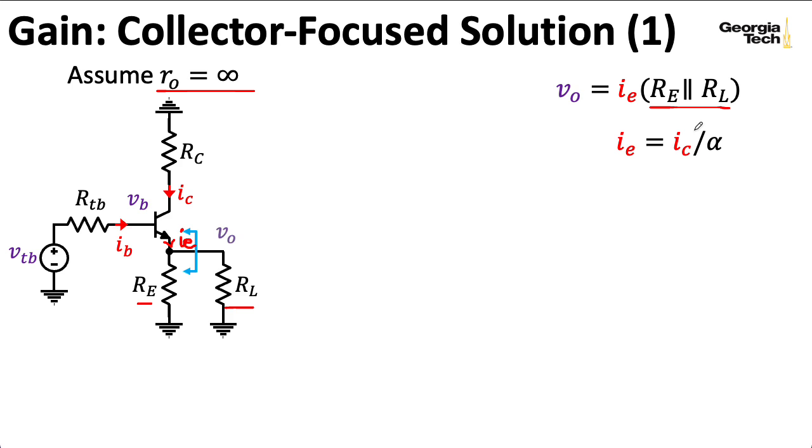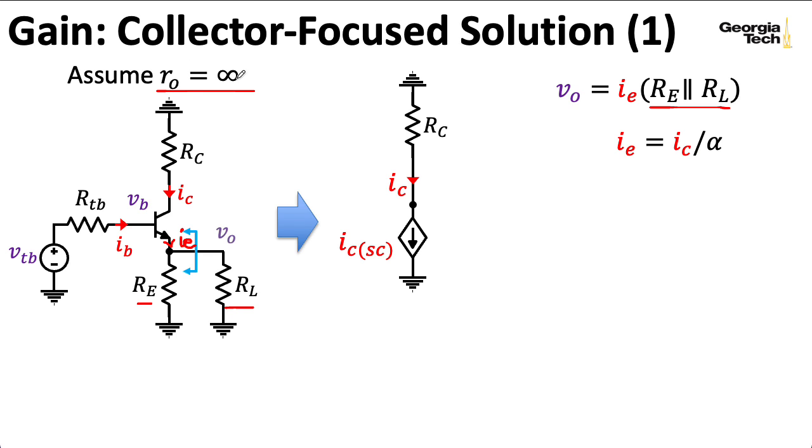And to figure out the collector current, let's use our Norton equivalent circuit seen looking into the collector. Because I've really aggressively applied this R0 equals infinite approximation, we don't have an R sitting out here, so we don't need to worry about that. Now, we can compute IC as being capital GM times VTB.